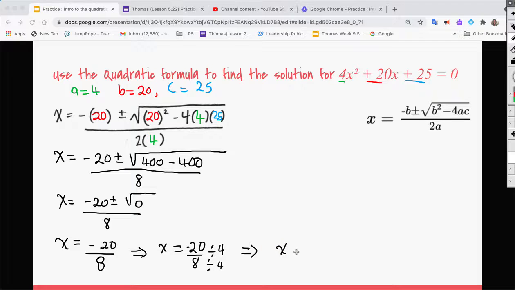So this would be x is equal to negative 5 over 2. So your solution can be written as x is equal to negative 20 over 8, or x is equal to negative 5 over 2. Any one works.